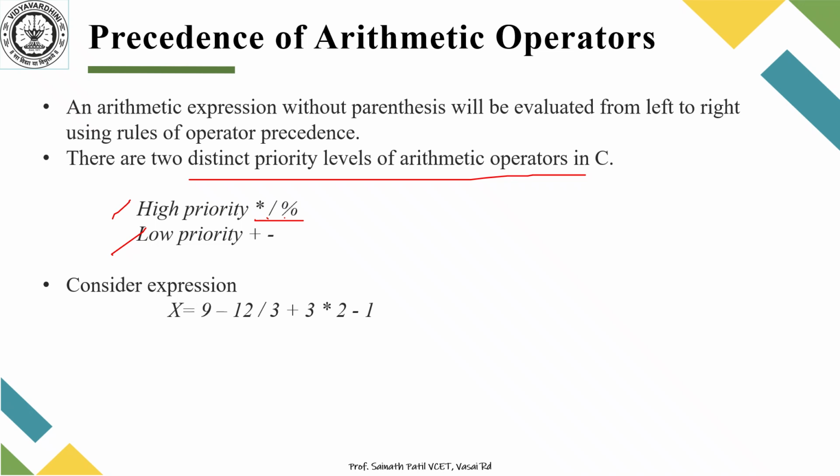And low priority, plus and minus. These two are the low priority arithmetic operators. So consider this expression x is equal to 9 minus 12 divided by 3 plus 3 into 2 multiplied by 2 minus 1. Now in this case parentheses are not there. So we have to consider operator precedence.